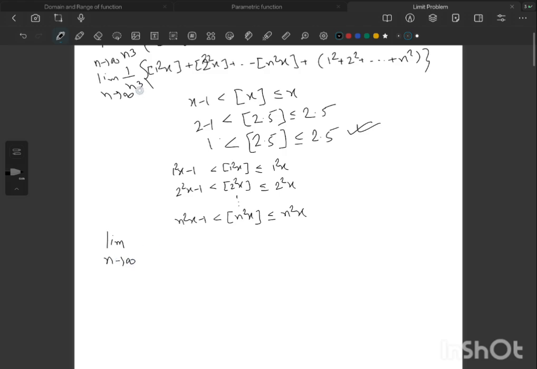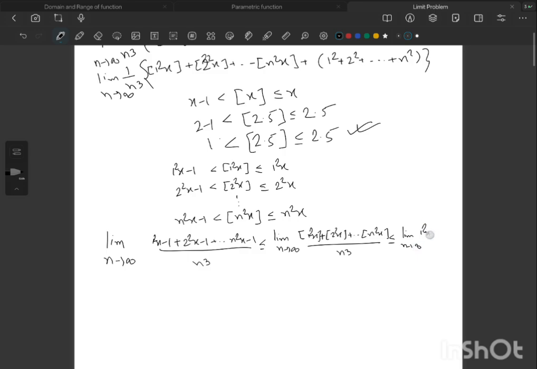Now distribute 1 over n cube to both terms. This becomes the limit of 1 square x minus 1 plus 2 square x minus 1 and so on up to n square x minus 1, divided by n cube, less than or equal to the limit n tends to infinity of 1 square x plus 2 square x and so on up to n square x, divided by n cube, which is less than or equal to the limit of 1 square x plus dot dot dot n square x divided by n cube.